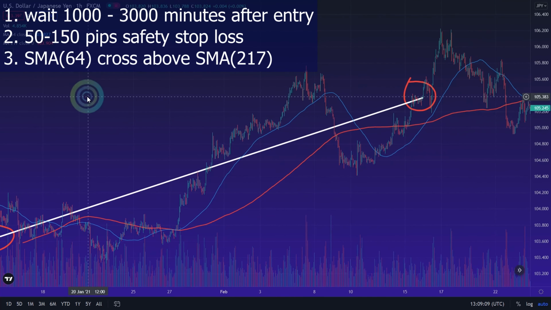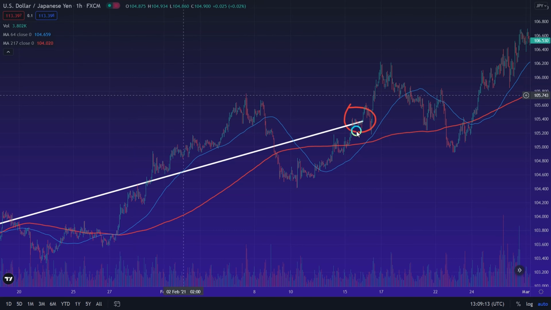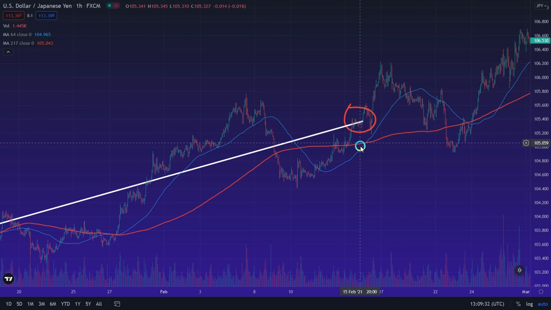We can close our trade if the X minutes, from 1000 to 3000 minutes that you chose for your strategy, has passed, and the smaller simple moving average, the blue line, crossed above the bigger simple moving average. And as you see it here, it was just a perfect one for us.